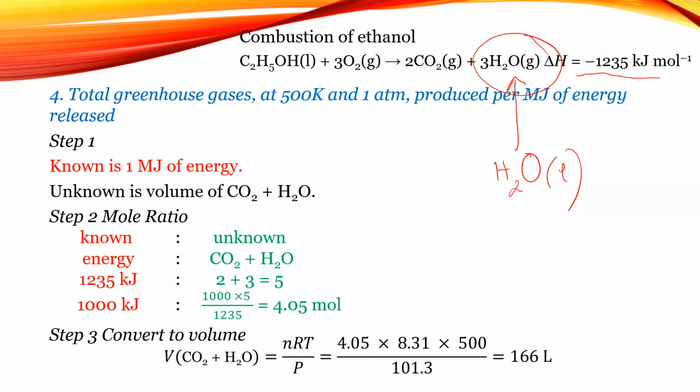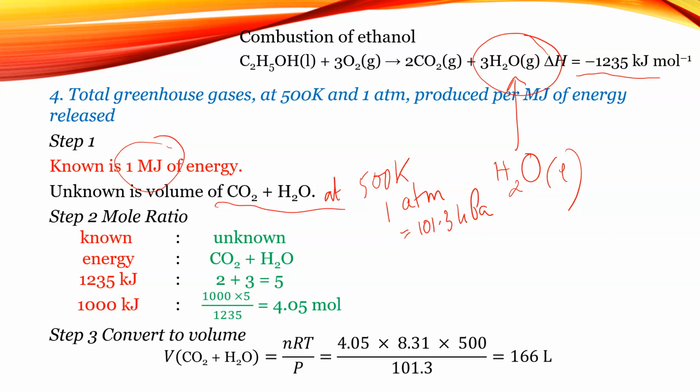So it's per megajoule of energy. So our known is 1 megajoule of energy. The unknown is the total. So it's the total of the CO2 and the H2O, and it's at 500 Kelvin and 1 atmosphere, which is 101.3 kilopascals. So we go ahead.